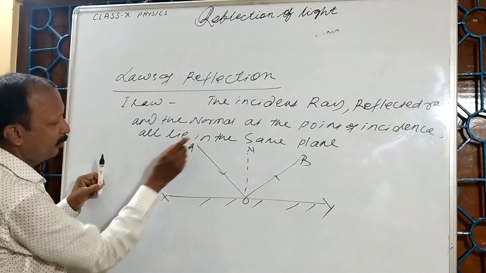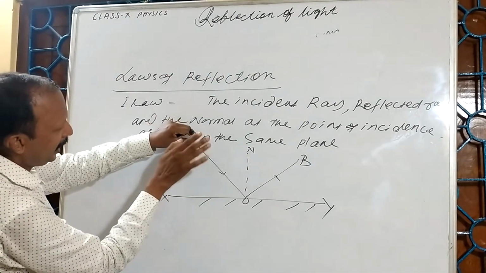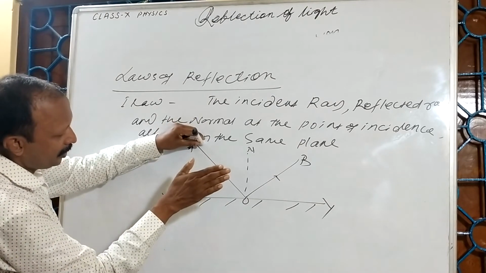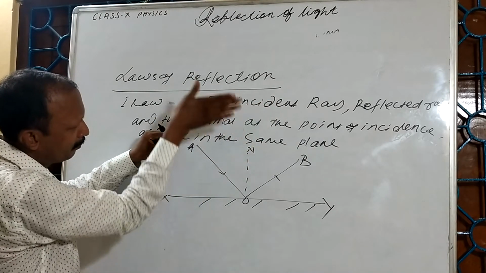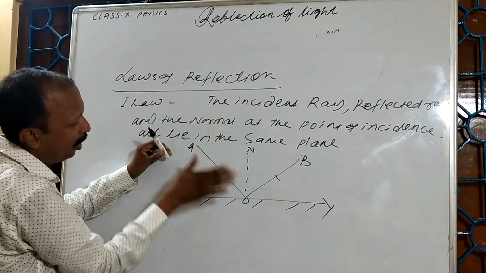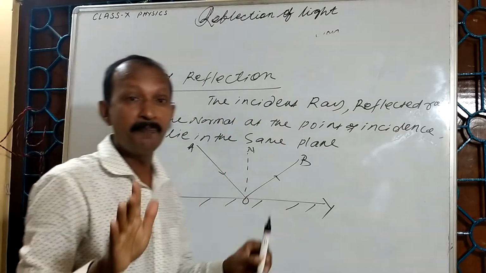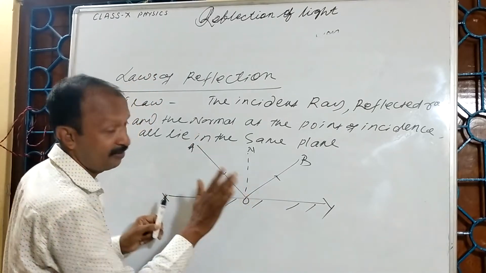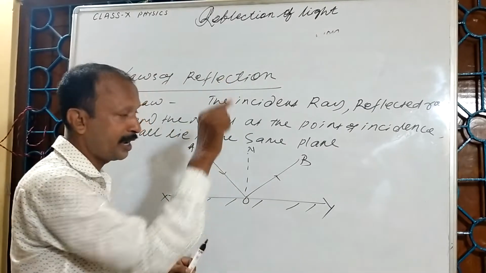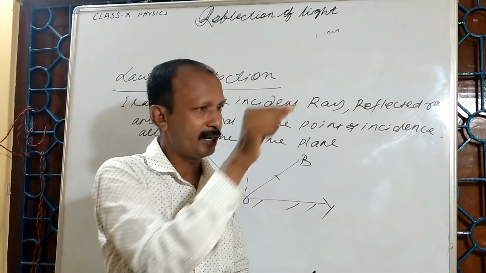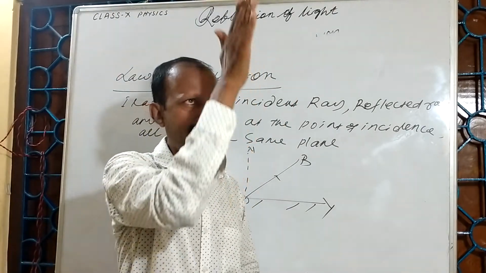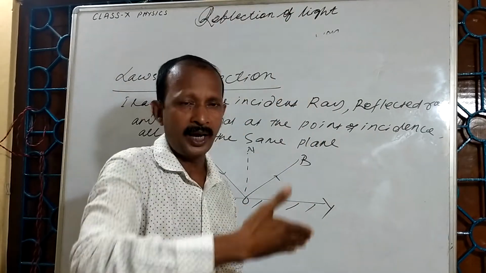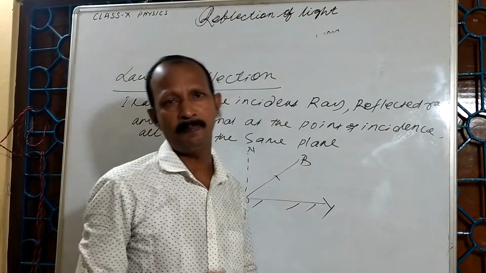Okay. For example, one object is like that. Light rays coming like this. Okay, it also goes like that. We can imagine here one normal. All three will lie in the same plane. I am not telling that plane means all the time the surface of the board. Not like that. You can imagine in space when light rays come, go, one normal, all these three you can imagine are in a plane.